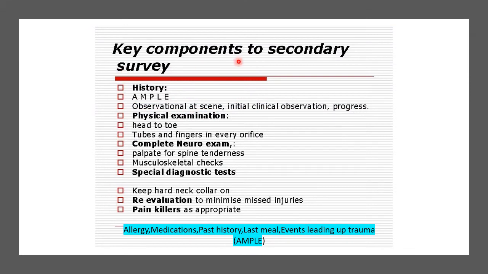So the key components of the secondary survey include a good history, ample observation at the scene, physical examination head to toe, tubes and fingers in every orifice, complete neurological examination, palpating for spinal tenderness, musculoskeletal checks, and special diagnostic tests. Keep the neck collar on all the time, re-evaluation to minimize missed injuries, and painkillers as appropriate.